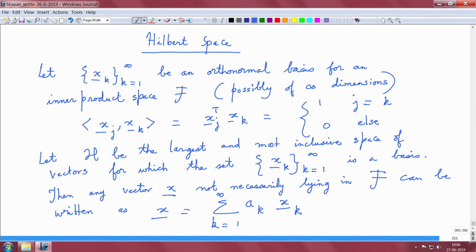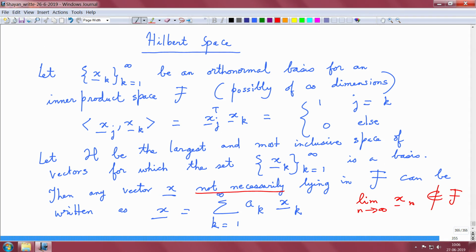And why this is a subtle issue, right, not necessarily lying in this space F, because in limit form, limit as n goes to infinity, xn need not belong to this space F, right.